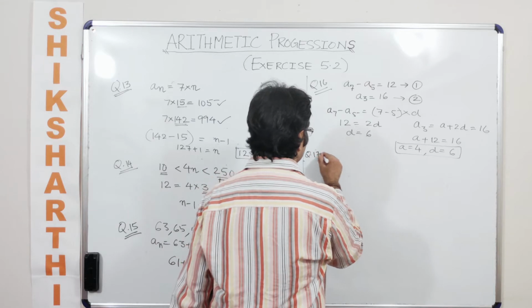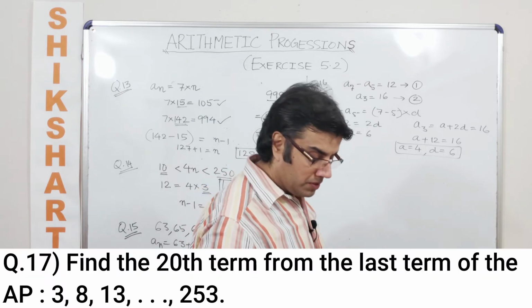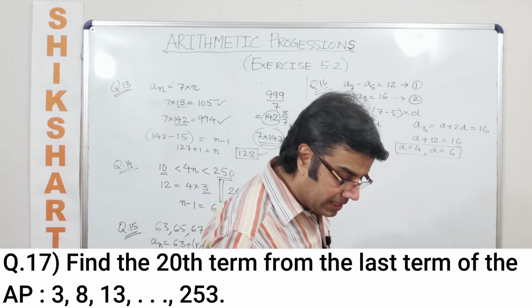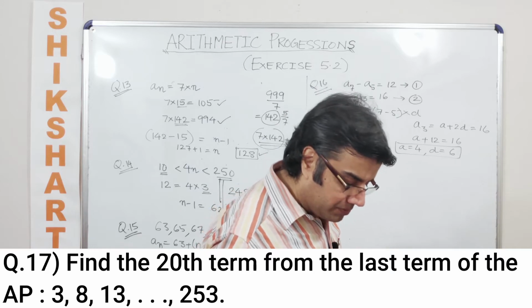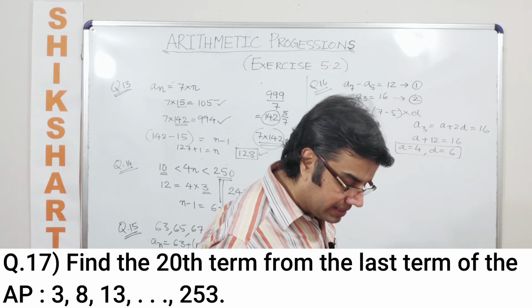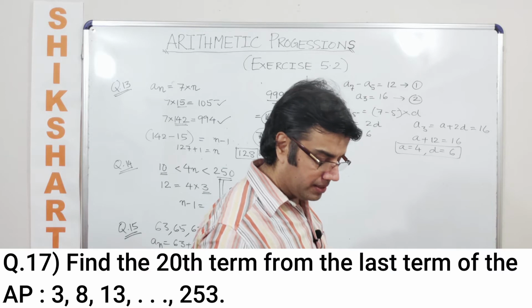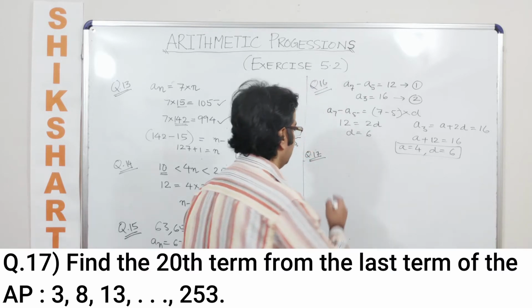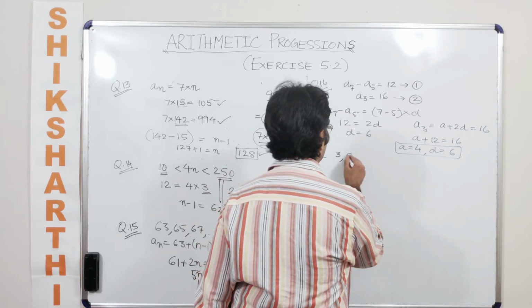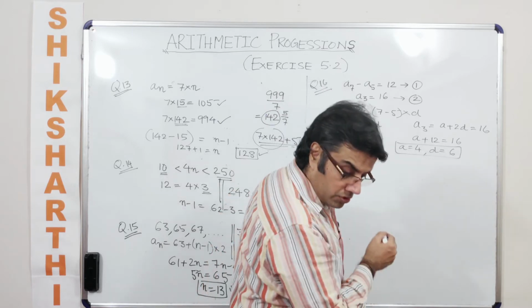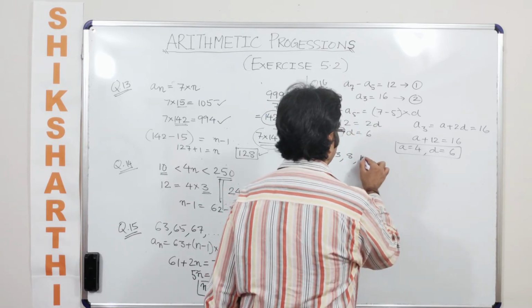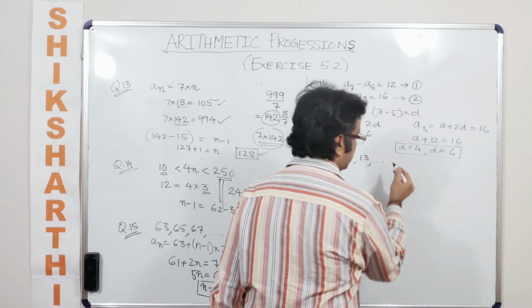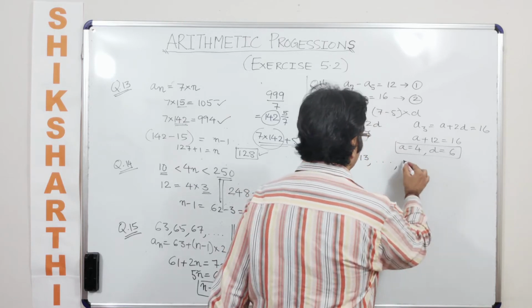So question number 17 says, find the 20th term from the last term of this series. Find the 20th term from the last term of the AP. So the AP here is 3, 8, no, 3, 8, 13. And the last term here is 253.